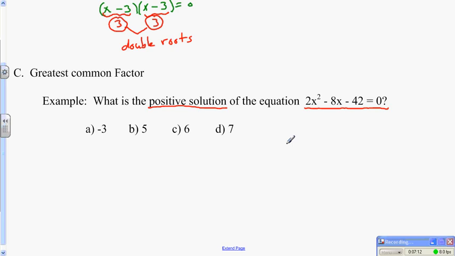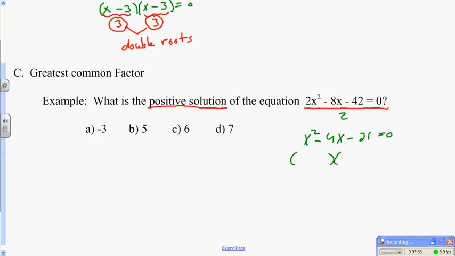Before I factor this, we should always get in the habit of asking ourselves, if I look at the equation, are they all divisible by anything? Do they have anything in common? In this case, a 2. So if I divide everything by a 2, I would get x squared minus 4x minus 21.